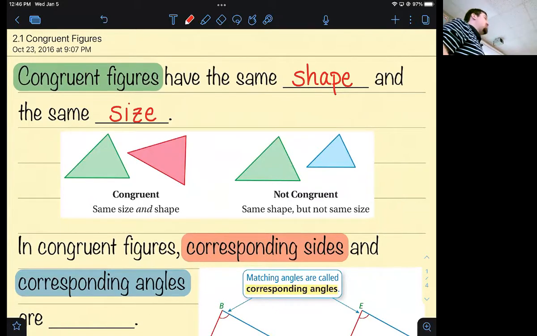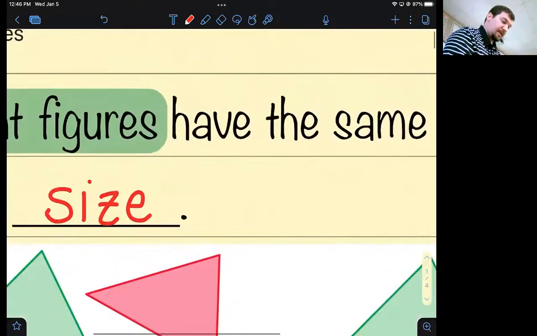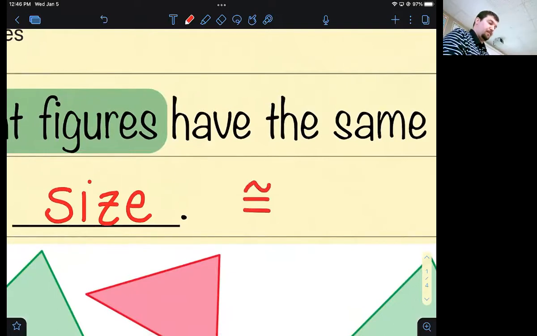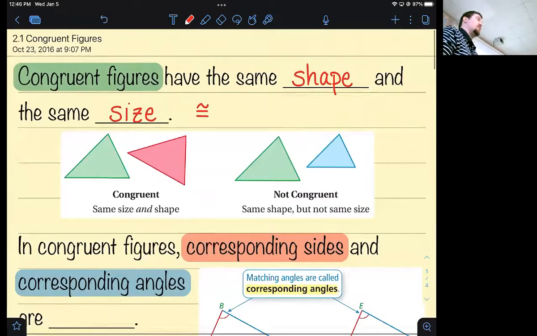Now, we don't actually use an equal sign when we're talking about congruent figures. The congruent symbol looks like this. It's an equal sign with a squiggly line above it. The reason we say congruent instead of equal is because back in the olden days, when the Greeks were doing a lot of the geometry in the world, they only considered numbers being equal.